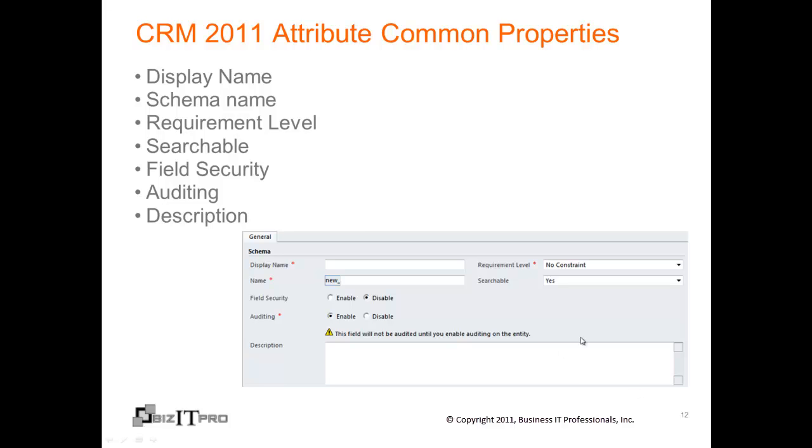The requirement level, which allows us to specify whether or not this is a mandatory field, and so on. Is this field searchable? This determines whether or not we're going to be able to see it when we use advanced find. Do we want to turn on field security, auditing, and finally the description, which is basically just documentation and does not appear anywhere to the end user.